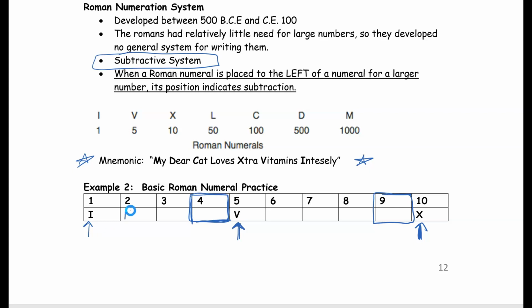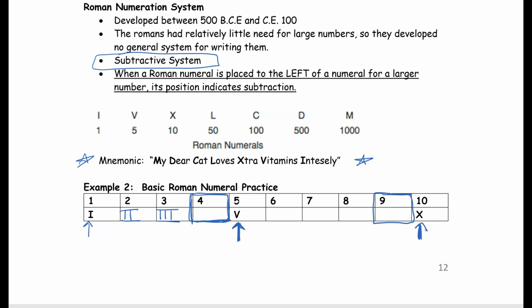So 2 would just be II like this. 3 would be III like this. 4, it's tempting just to say I, I, I, I, okay, but that's not right. You have to use the subtractive system. So what you do is you say, how do you get 4 by taking the number 5 and using subtraction?